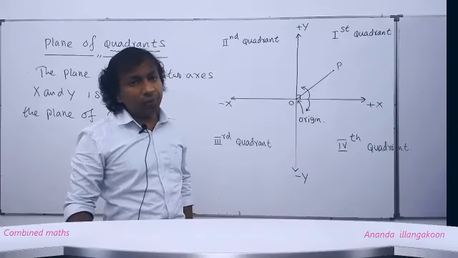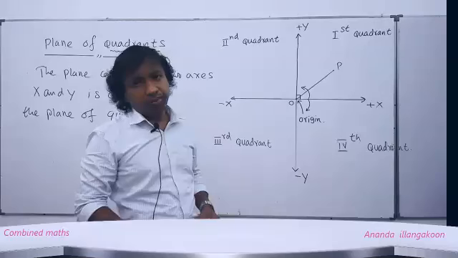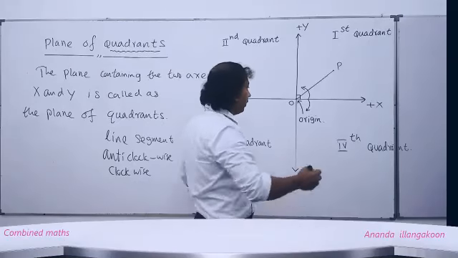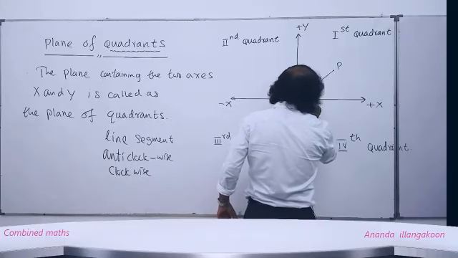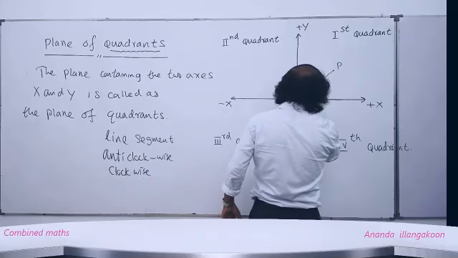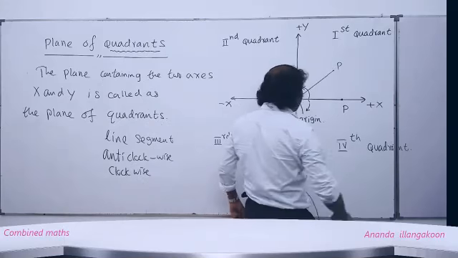Initially, this OP line segment is on the positive x-axis. Initially, OP, people, is on the positive x-axis like this.